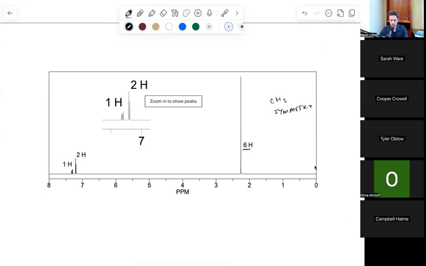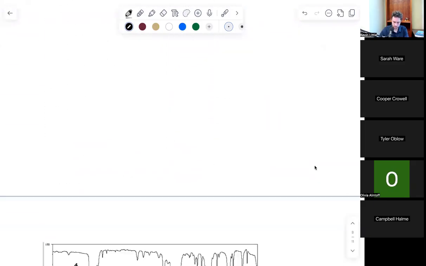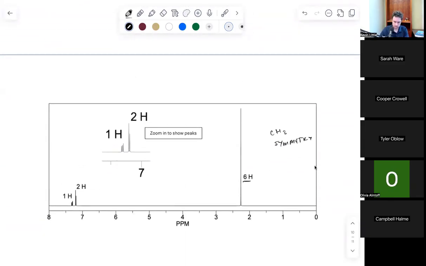So if I go back and look at the chemical formula, C8H9Cl, if I have my benzene, that's already 6 carbons. I know I need 2 methyls somewhere. So they're probably going to be on this ring somewhere.